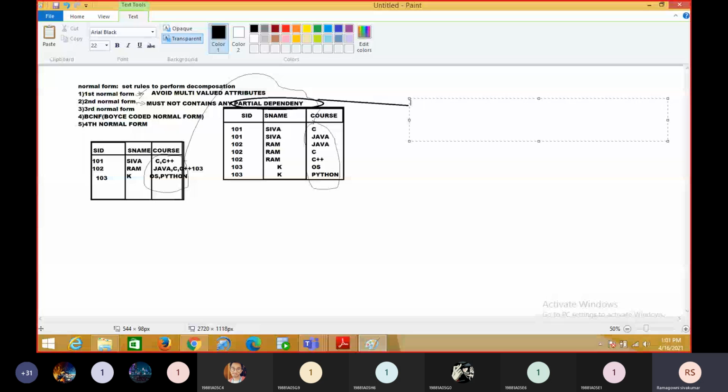Decomposing. What is remaining? So subject ID and the subject name.